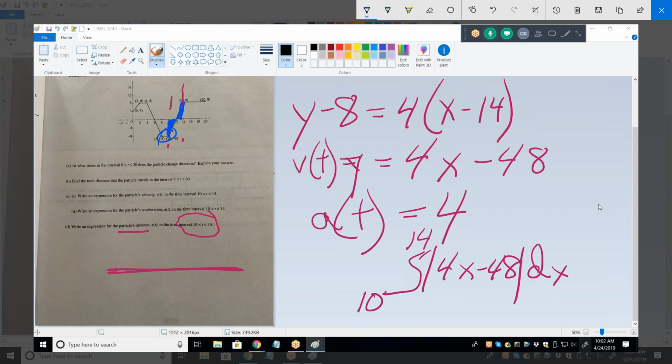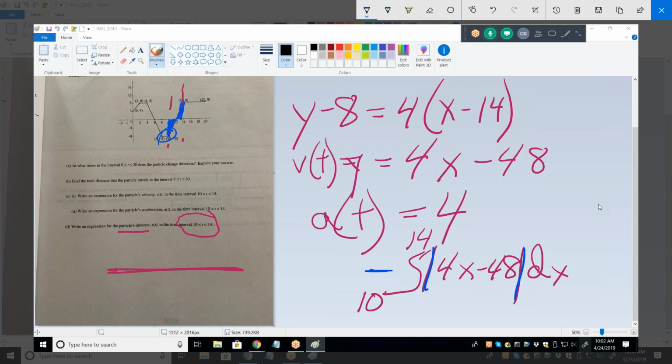But the total distance traveled, the only way you can get that with an expression is if you use the absolute value. I guess you could go from 10 to 12 on that function and take the negative of that, and then go from 12 to 14 and take the positive of it. That's the same thing as taking the absolute value.